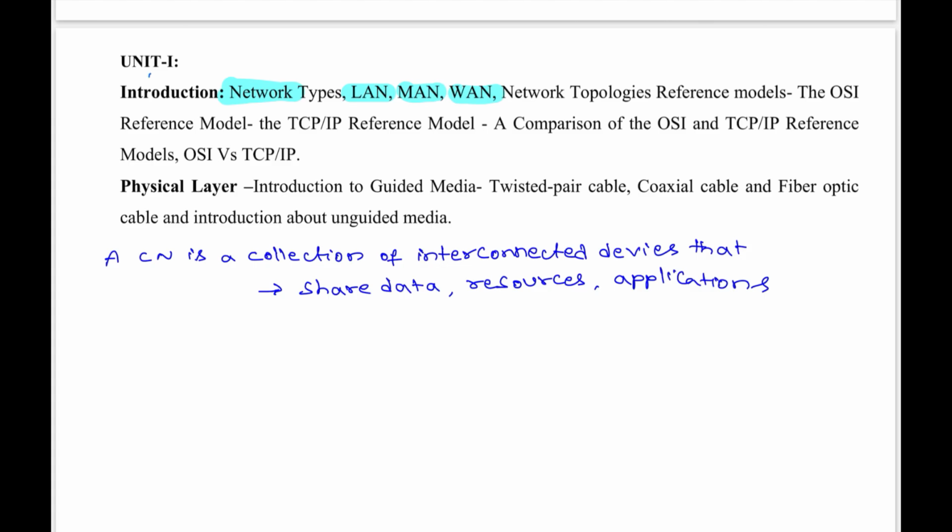LAN refers to the local area network. It covers a small area like a laboratory or an office. The examples for this are lab or office.